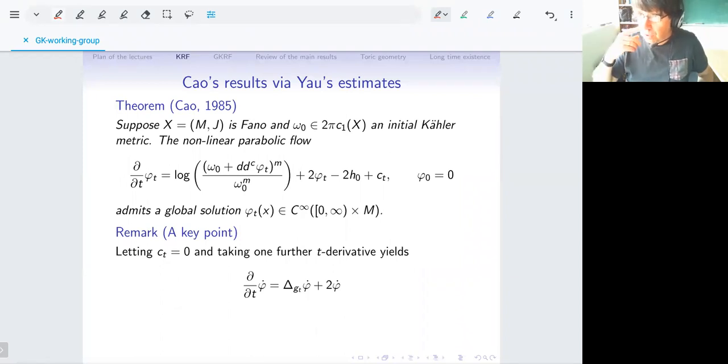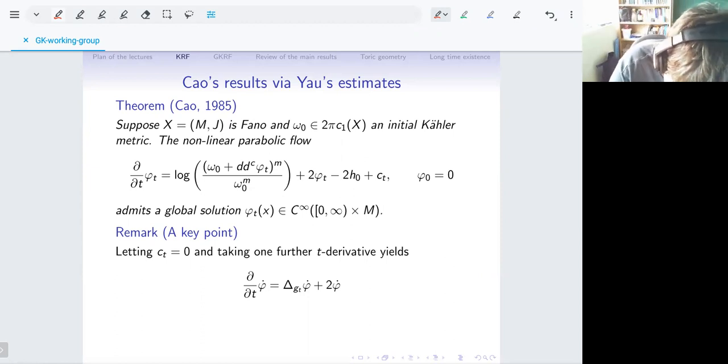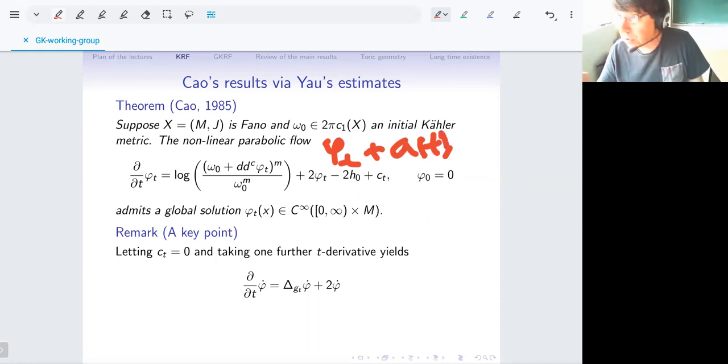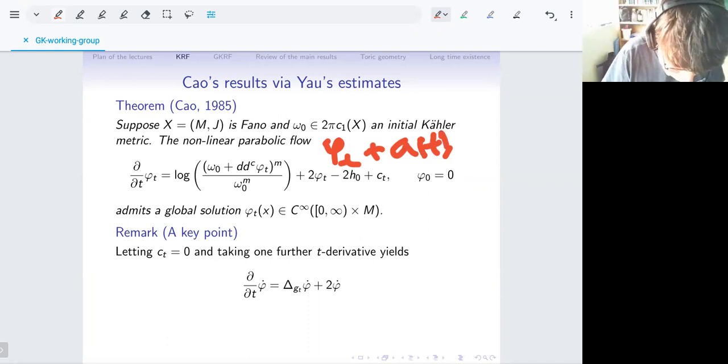Okay, so this result is not obvious. We saw in Jeff's talk that it requires a lot of work, but roughly speaking, the idea is the following. We can just renormalize. You should think of this normalization constant as coming from the fact that instead of phi t, we can always consider phi t plus just a function of t. If I substitute, I will still have the same flow of induced Kähler metrics. And if we do that, the terms in the log don't change because they involve the differential of phi t.